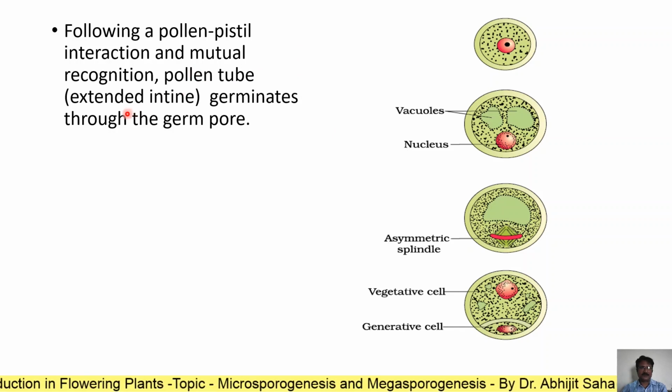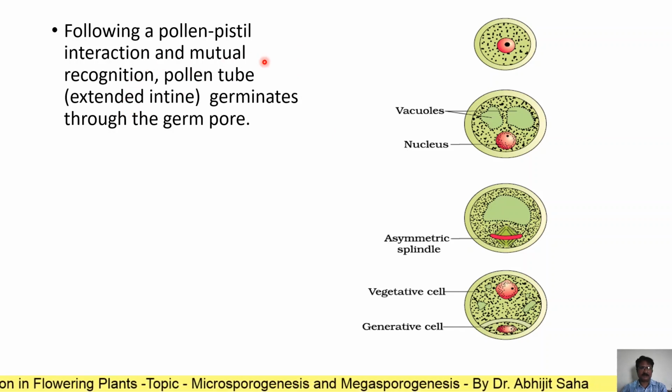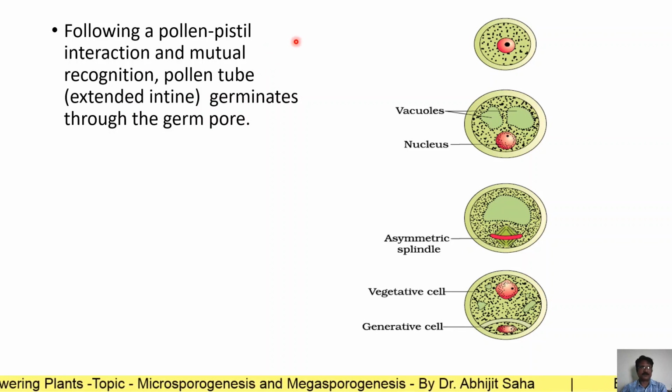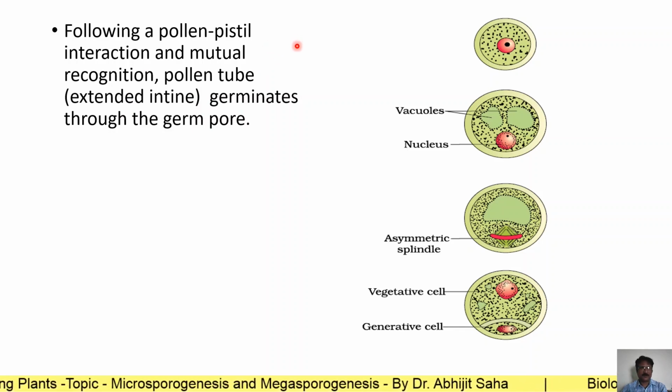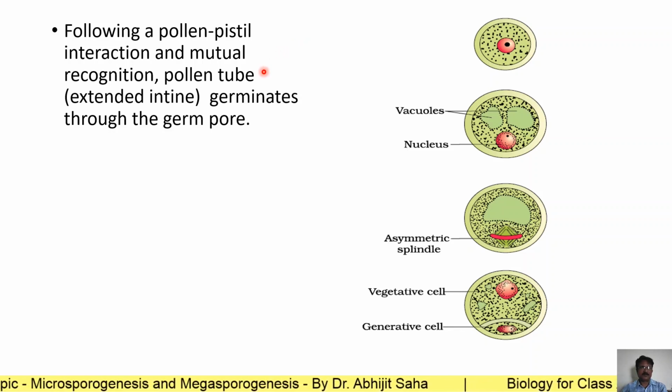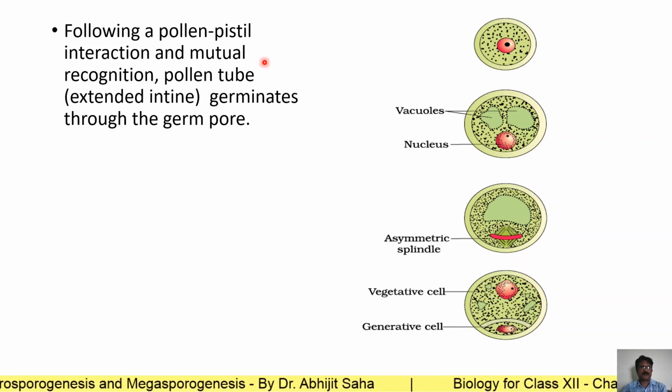Now as soon as the pollen grain is shed, it falls onto the surface of the stigma. Stigma is the receptive part of the pistil. Now what happens? There are different flowers, so there are different types of pollen grains.